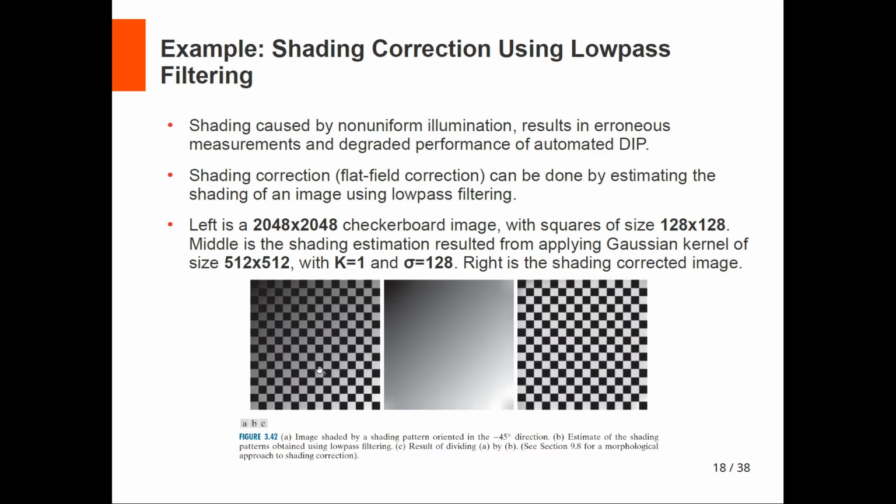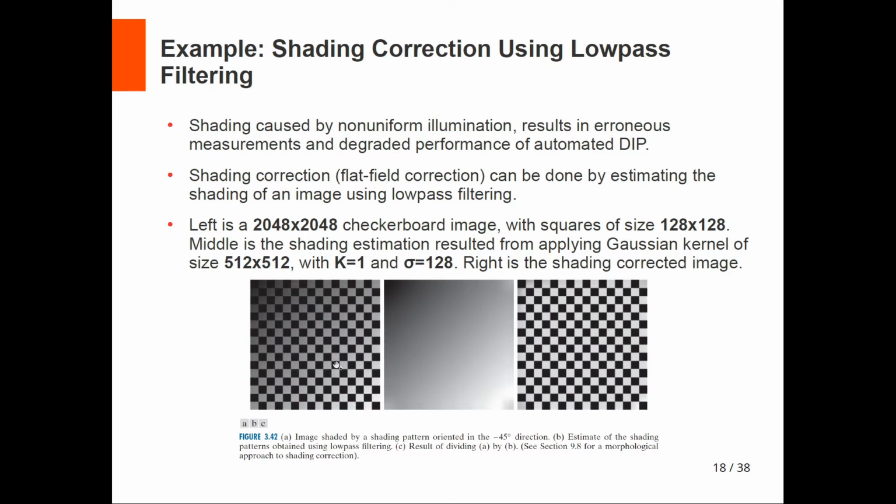The original image is of size 2048 by 2048, and each square is of the size 128 by 128. The middle image is the result of applying a Gaussian kernel of size 512 by 512. And as you can see, since the size of this kernel is very large and also the sigma is very large, we are basically eliminating the very fine details in the image.